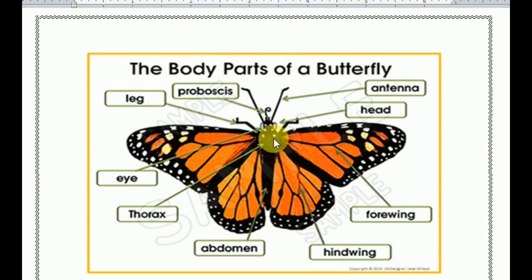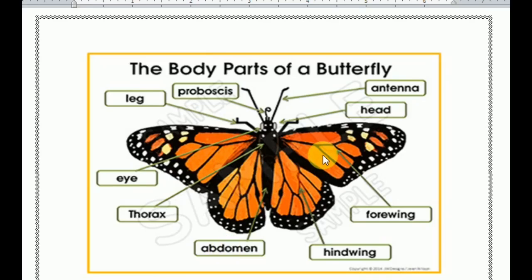This is the middle part, that is thorax or chest. 6 legs and 2 sets of wings are attached to the thorax. Some insects have 2 sets of wings and some have 1 pair of wings. And this is the third and last part of the insect's body. This is called abdomen.